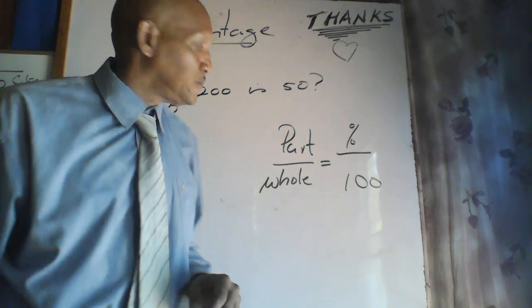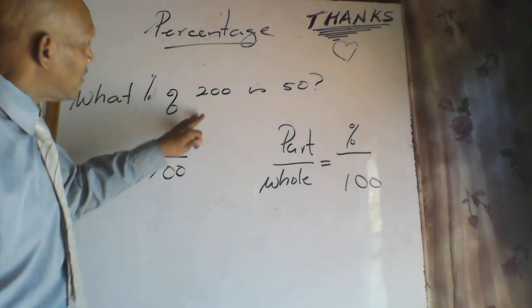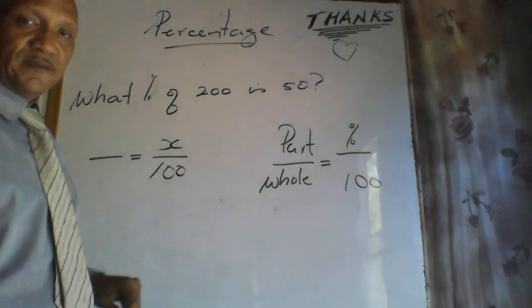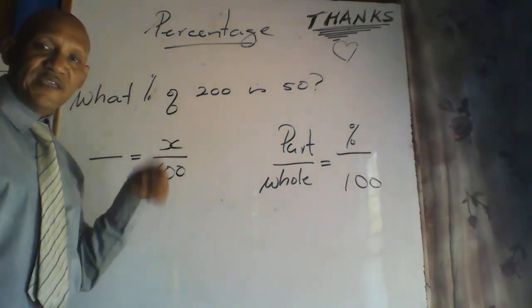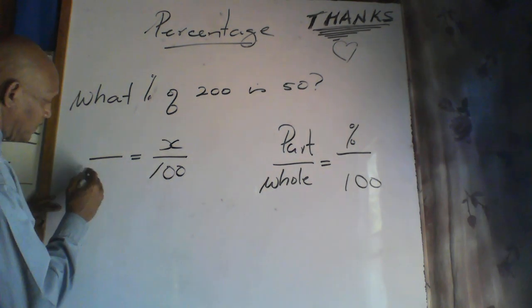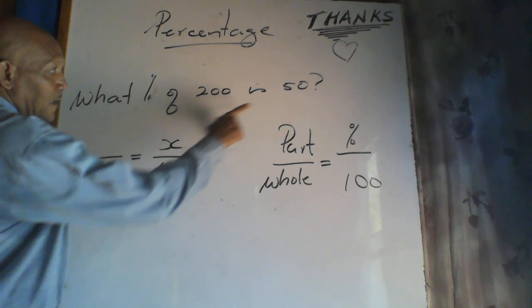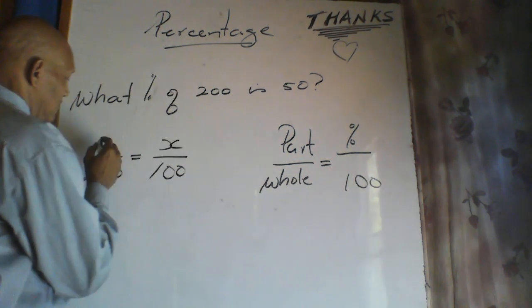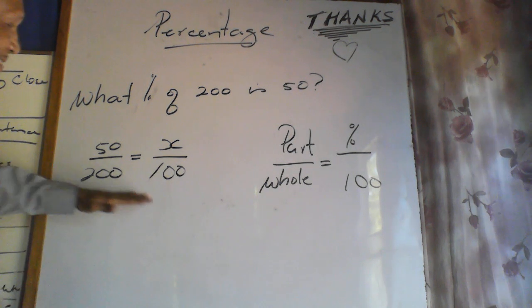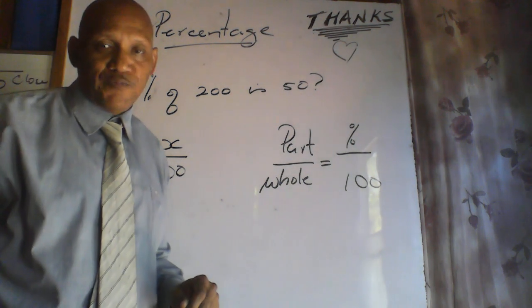It works. So what number came after "of," 50 or 200? 200 came after "of," so that's the whole. And 50 came after "is." That's the part.